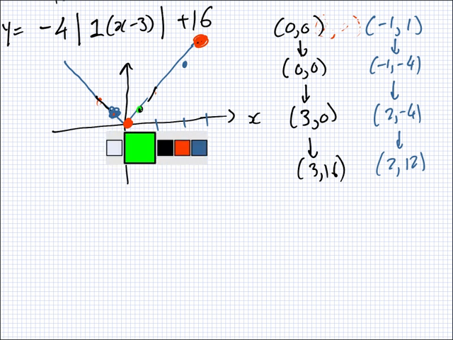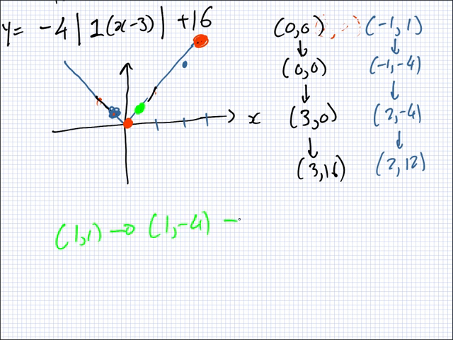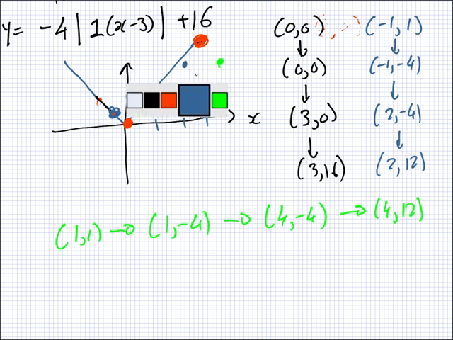And then lastly, we'll move this guy. So what will he do? 1, 1 becomes 1, -4, becomes 4, -4, becomes 4, 12. 1, 2, 3, 4, and 12 is the same height as that one. So now we get this shape here.